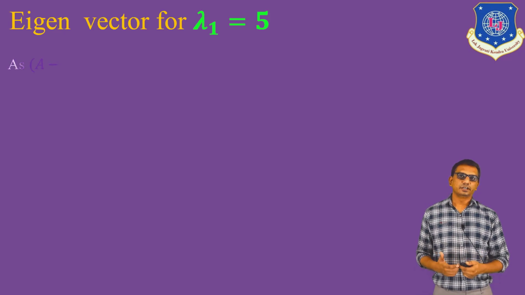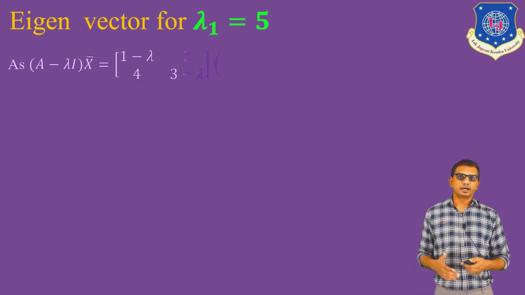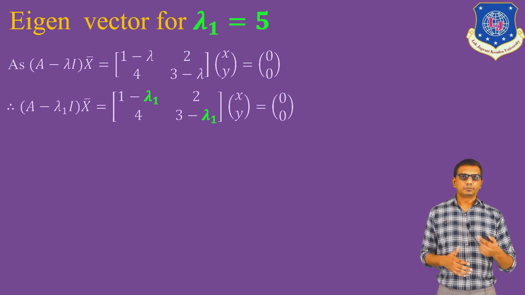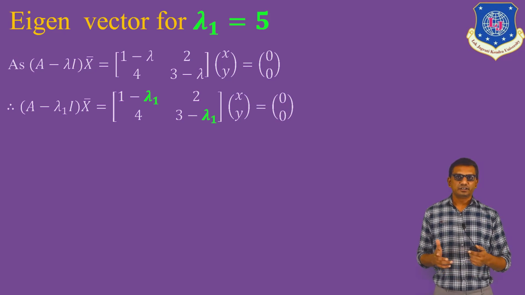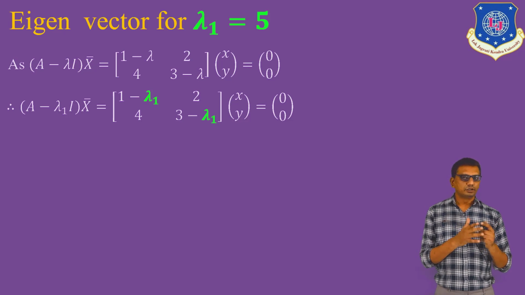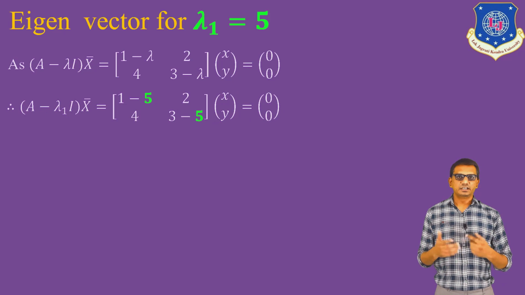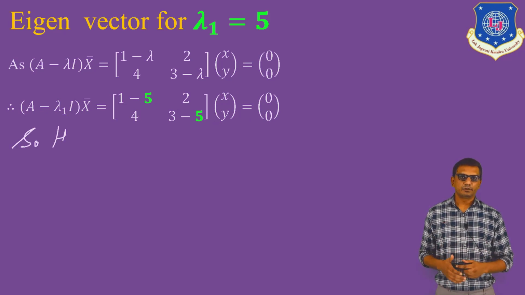Now this is our system of linear equations: (A minus lambda I) x bar equal to [1 minus lambda, 2; 4, 3 minus lambda] [x; y] equal to 0. After putting lambda 1 in place of lambda, and since lambda 1 is 5, we replace it by 5, and finally we get this type of matrix.